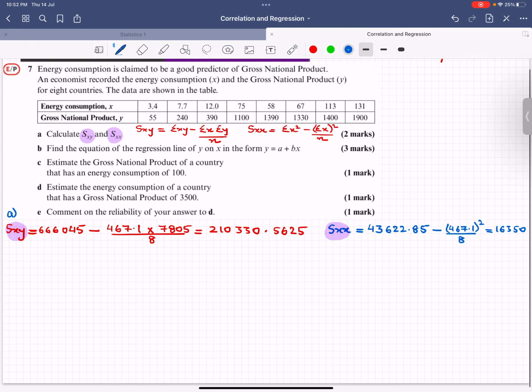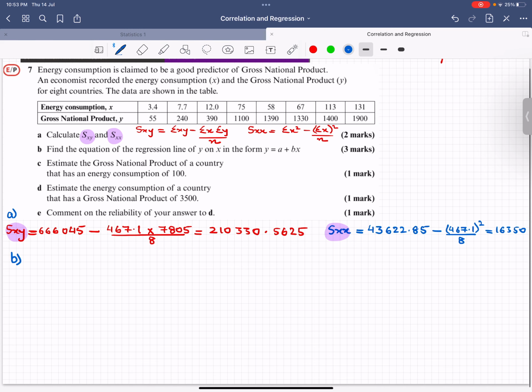Moving on to part B. Part B says find the equation of the regression line of y on x in the form of a plus bx. Now when we need to calculate the regression line, all we need to do is to calculate the value of A, calculate the value of B, and then just plug it into the equation.